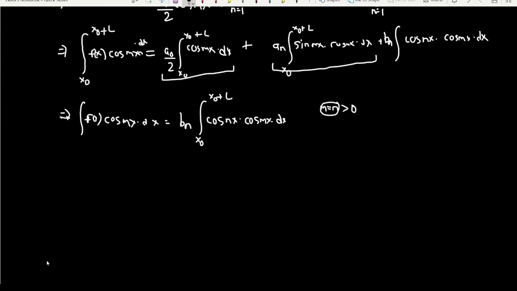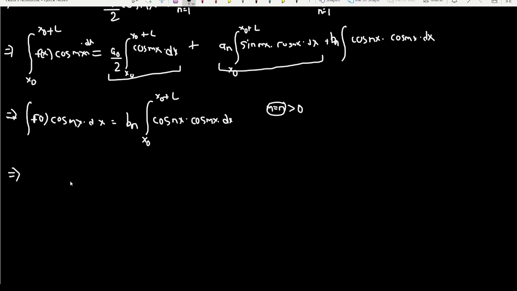So now if we write this integral, it becomes the integral from x naught to x naught plus L of f of x cos mx. Since I have assumed m is equal to n, I will put down cos nx.